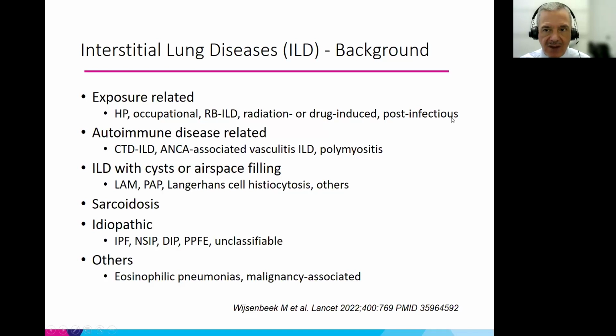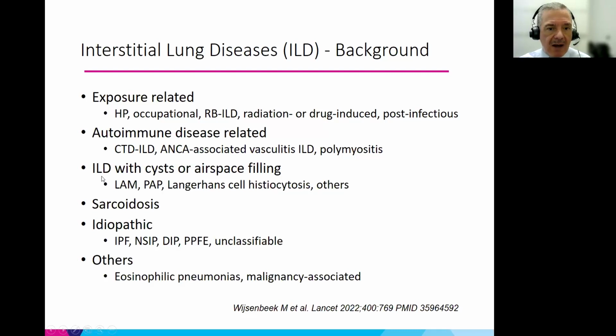We were just coming out of the brutal pandemic of COVID-19, and saw several cases of interstitial lung disease, some of them requiring transplant, just to give you an idea, and other infections can do the same. Then you have the autoimmune disease-related interstitial lung diseases, including polymyositis and the ANCA-associated vasculitis, and the other connective tissue disorders that are associated with ILD. Lupus is one of them, rheumatoid arthritis another one, polymyositis, etc.